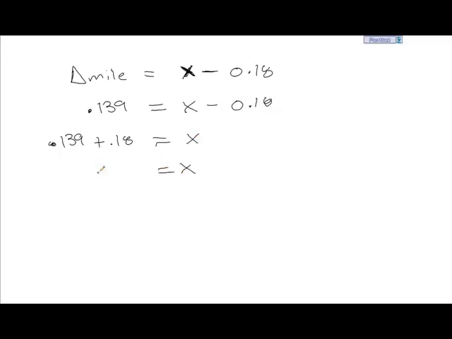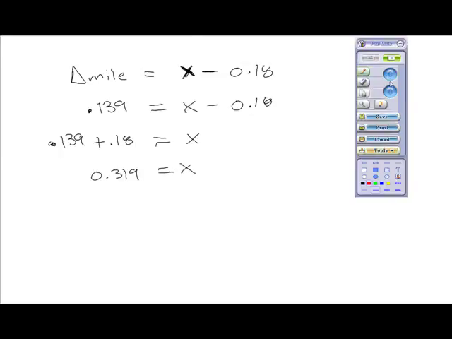So x is equal to 0.319. Okay, so that means that we were at mile marker 0.18, but now we're at mile marker 0.319, so that we have an average rate of change of a total drop of 1,067 feet per mile of hiking. Obviously we haven't gone a full mile, but that's what it averages out to.